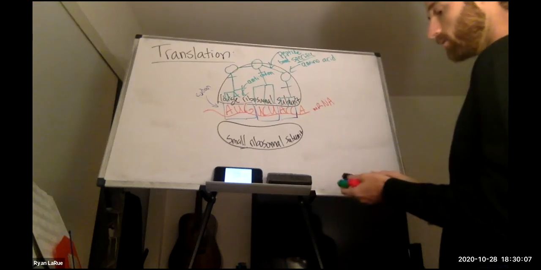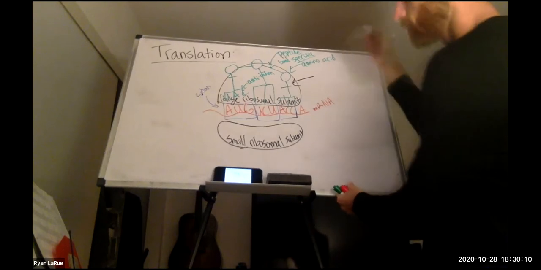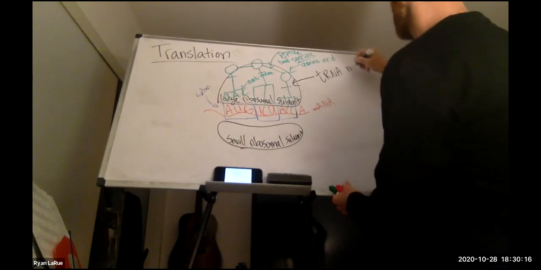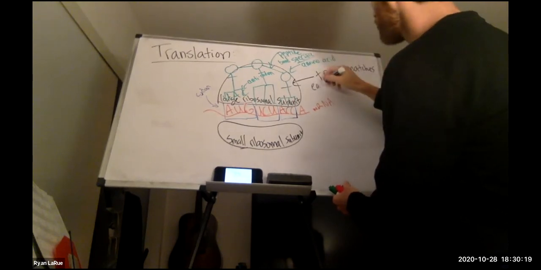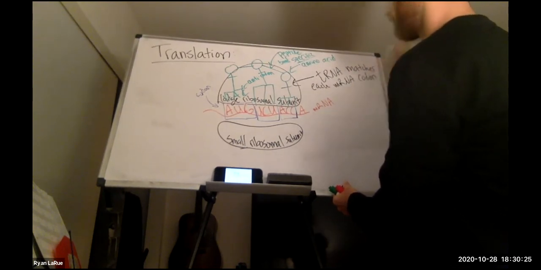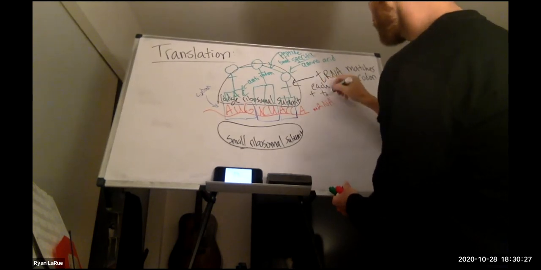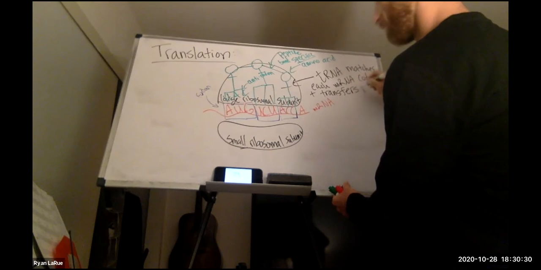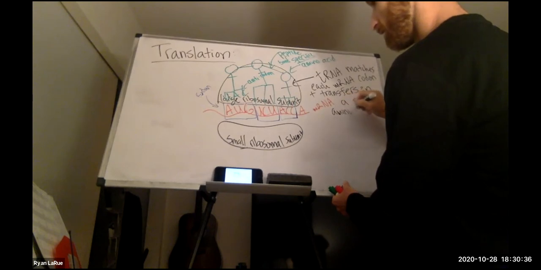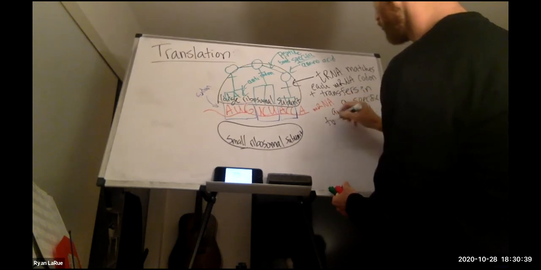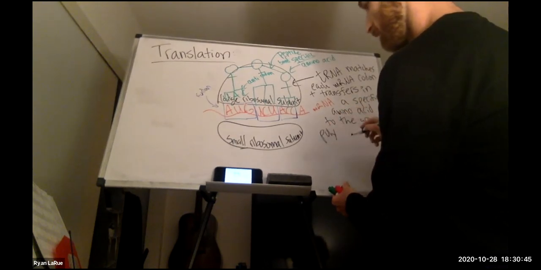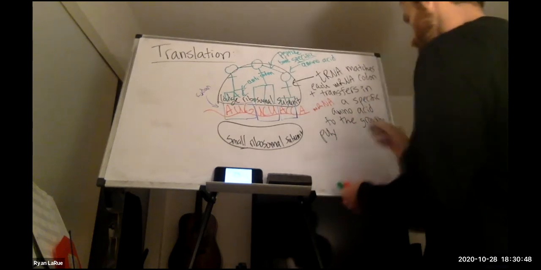So what this tRNA is doing in translation, tRNA matches each mRNA codon and transfers in a specific amino acid to the growing polypeptide, or the growing amino acid chain.